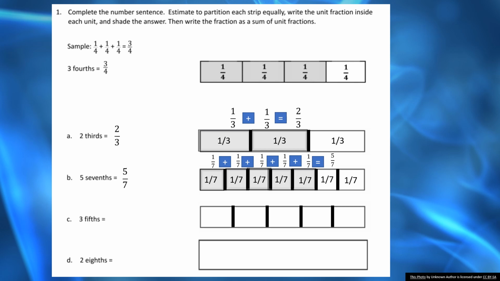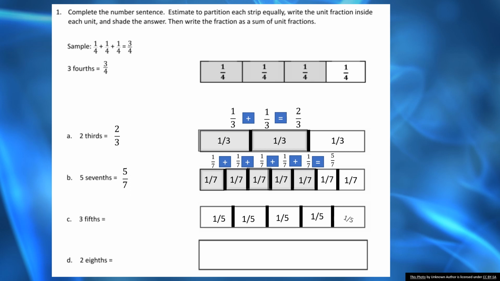Now we need to use our unit fractions to label each fifth. So we're going to write 1/5 in each of the 5 parts. We're going to write the unit fraction of 1/5 in each section. It's a unit fraction because it's 1 piece.